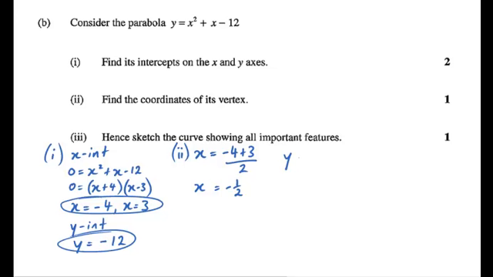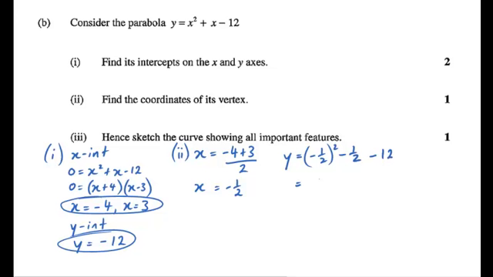Our y value we get by substituting that in. So negative half squared plus negative half, so minus half, and minus 12. Right, use your calculator if you think you're going to make a mistake with that, but make sure you put brackets in.